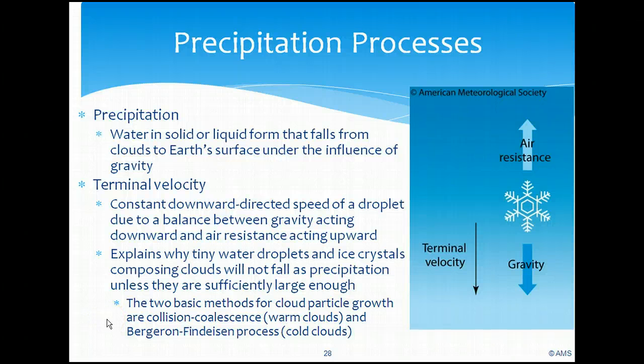There seem to be two basic methods to increase cloud particles to a size where they can actually achieve terminal velocity, and they are collision-coalescence, which is found in warm clouds, and the Bergeron-Findeisen process, which is a component of cold clouds.